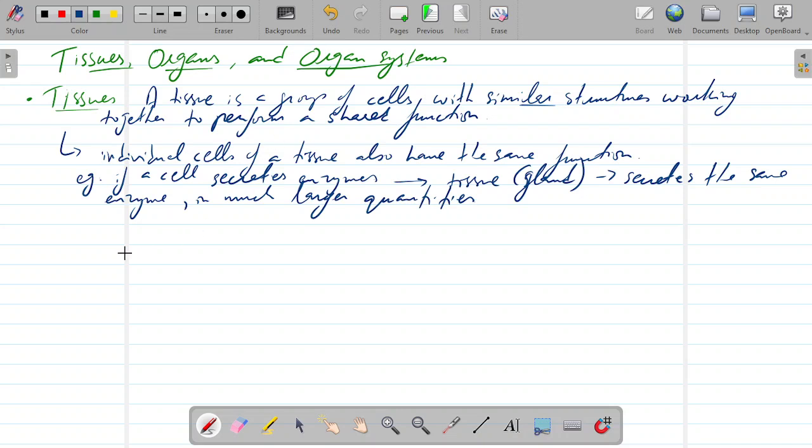We've got other examples of tissues as well. For example, in animals, we've got bone, nerves, muscle tissue, and we talked about the gland.